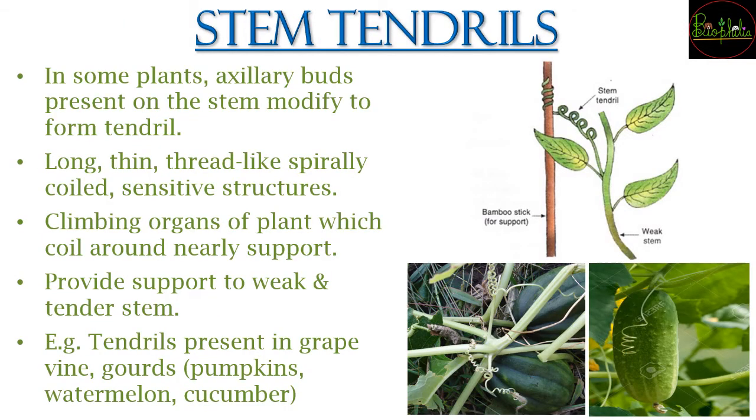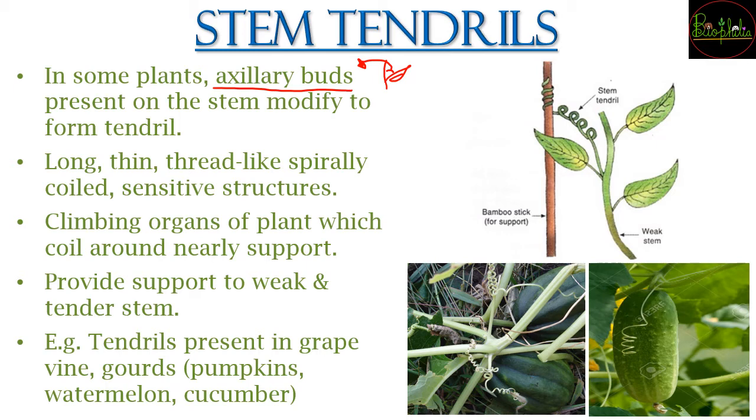The next is going to be the stem tendrils. So stem tendrils in some plants, the axillary buds हमने अभी पढ़ा था. Now you should remember what the axillary buds are going to be. So axillary buds are going to be present onto the stem, which are going to modify to form a tendril.